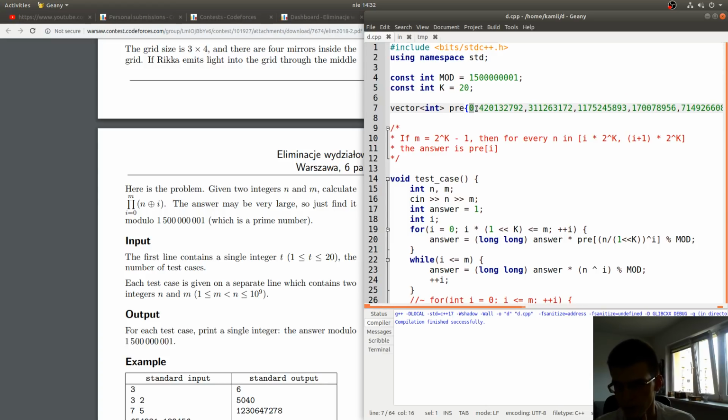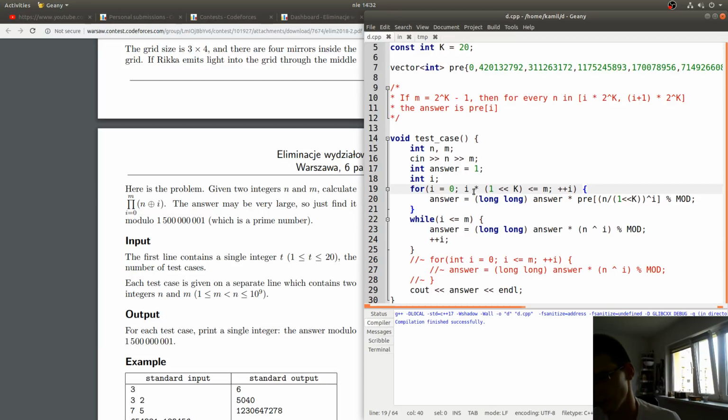Apparently we multiplied by this, and I think that this for loop isn't correct, because what we want to check is how many full millions we have in M. Like, if M is bigger than first 1 million, then we do something, and so on.